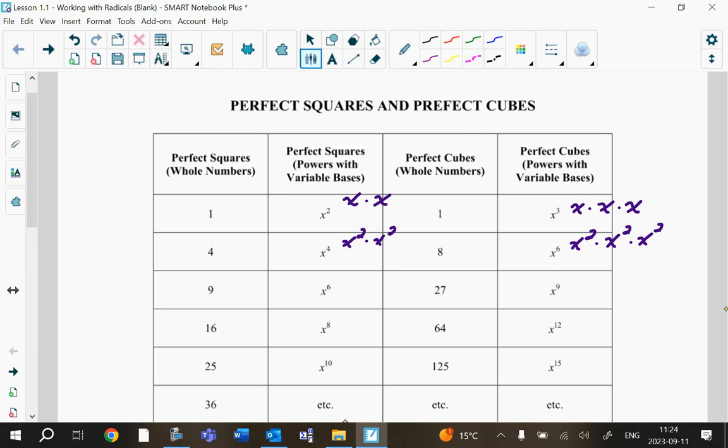X to the third times itself, x to the fourth times itself, x to the fifth times itself. We're going to have to know these when we simplify these things. When we simplify radical expressions, we got to be familiar with the numerical perfect squares and cubes and ones with a variable in exponent.